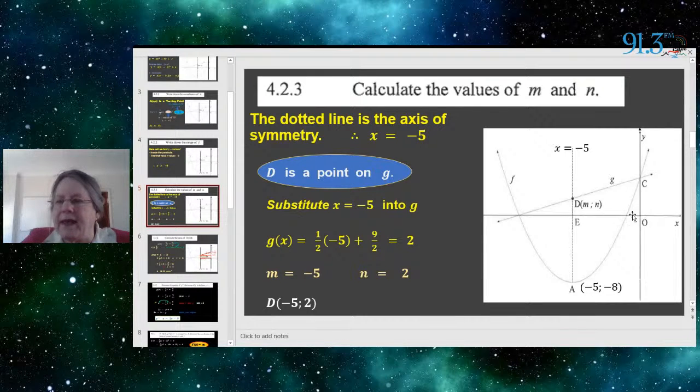And your x-axis has got an equation too, and that would be y equals 0. So you can see the x's and the y's swap when we do the equations of these. Right, so we're looking for D, m and n.